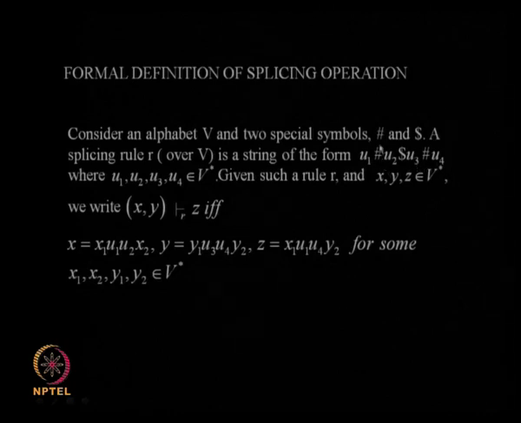So, a cut can be made between u1 and u2, and similarly a cut between u3 and u4. Then the first portion x1 u1 can combine with the second portion here to give you x1 u1 u4 y2.